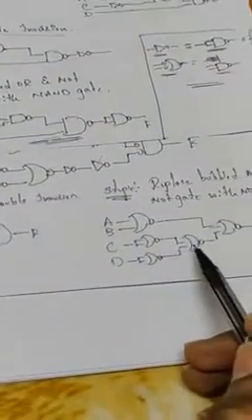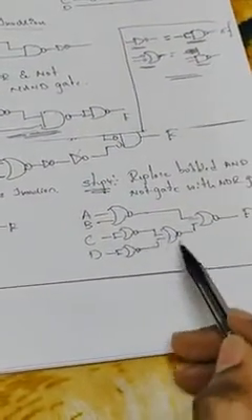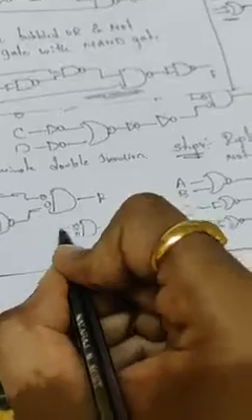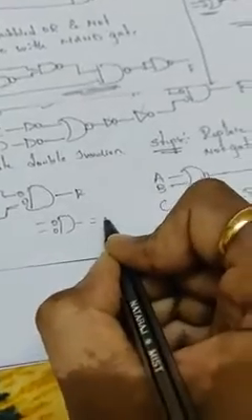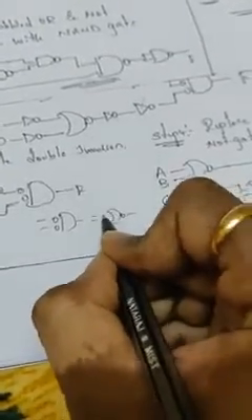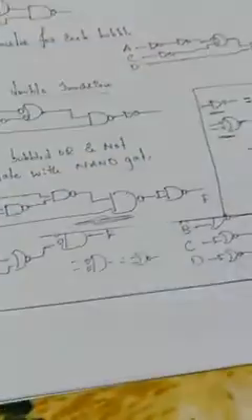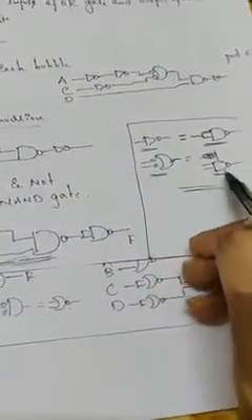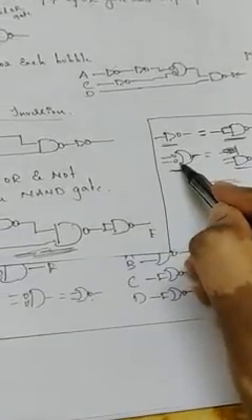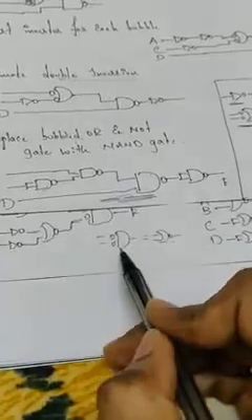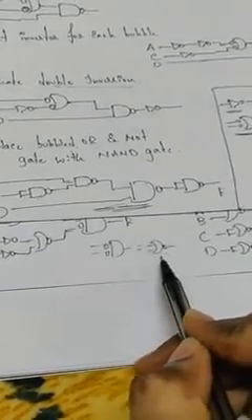Similarly, here, a bubbled AND gate is equal to a NOR gate. So both are one and the same. Bubbled AND gate is equal to NOR gate. Bubbled OR gate is equal to NAND gate.